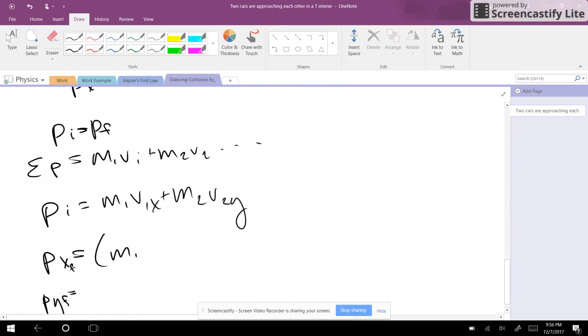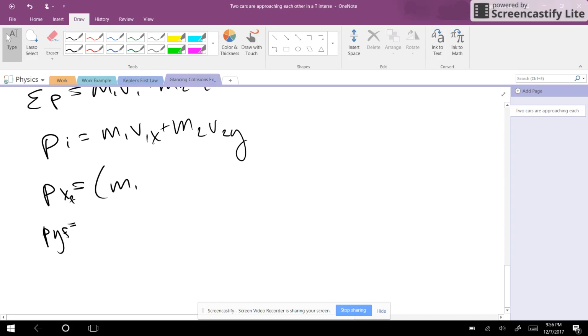Alright, maybe I didn't, but from the logic, we can tell that both cars are going to be shooting this way. They're going to have the same angle and the same velocity.